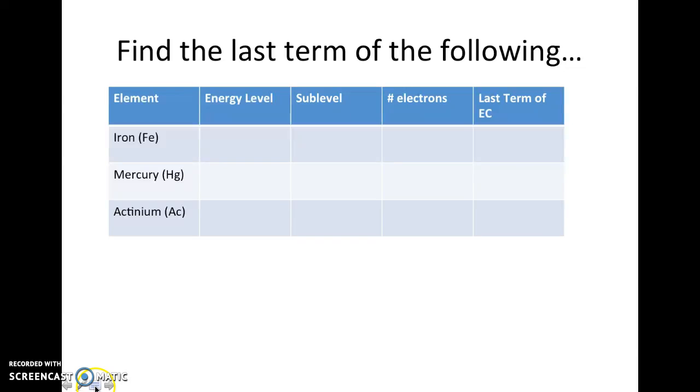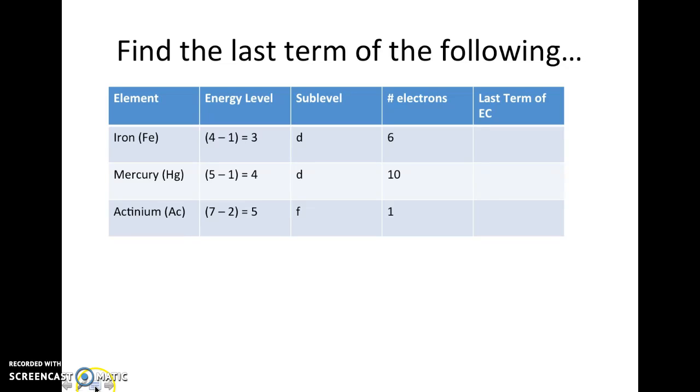All right, hopefully you filled in everything. I filled in my first three columns. Remember, energy level. Iron was found in the D block, which is why I subtracted 1. Mercury was also found in the D block, so I subtracted 1. Which block was actinium found in?